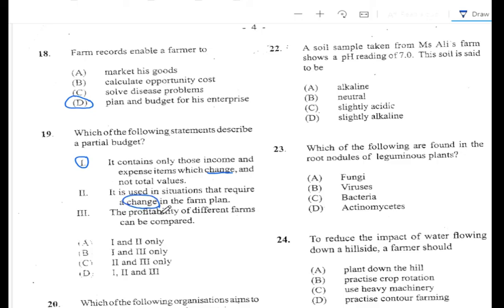Change in farm plan is also good. 3. The profitability of different farms can be compared. No. And why that is so is because it's not the complete budget. The partial budget just speaks about the changes you make, not the entire enterprise, just a part of the enterprise. So it would not be suitable to compare the profitability of different enterprises. So the answer is 1 and 2 only, A.